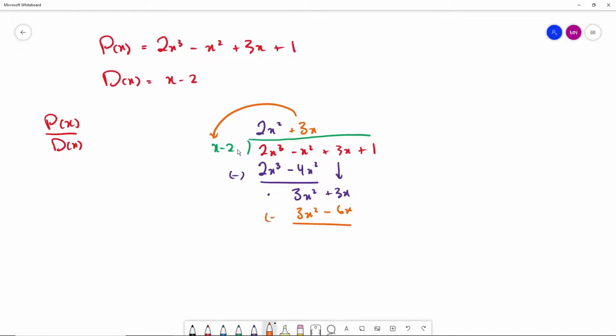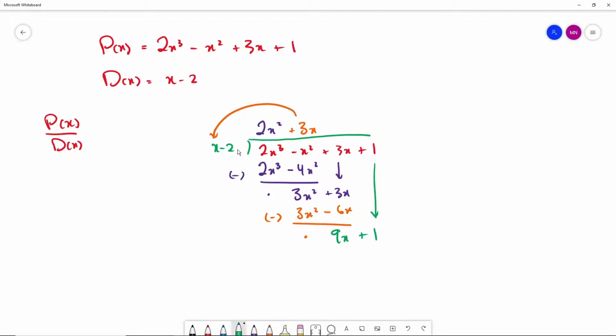Once again we do the operation of minus, subtraction, so we get 0. You must do the operation of minus in order to get 0: 3x squared minus 3x squared gives 0. Then 3x minus negative 6x, so the answer will be 9x. So we bring down plus 1.